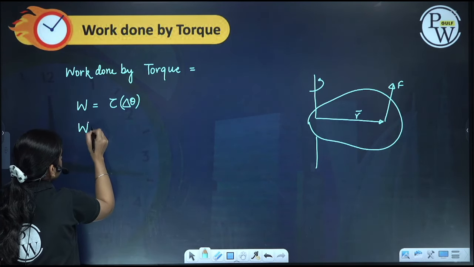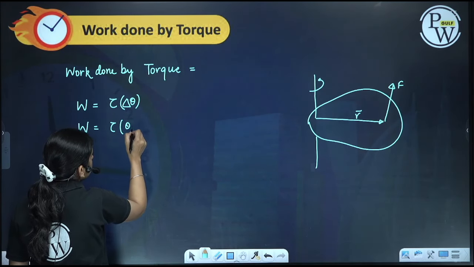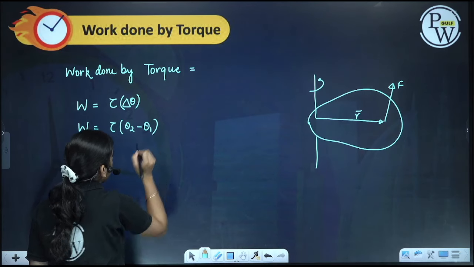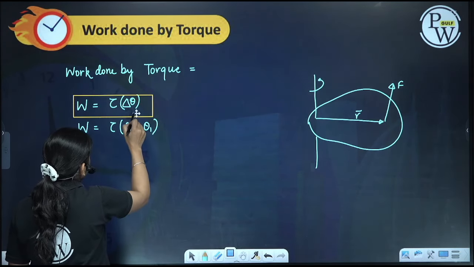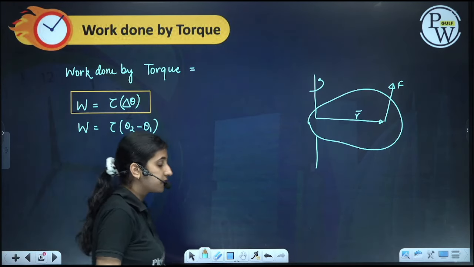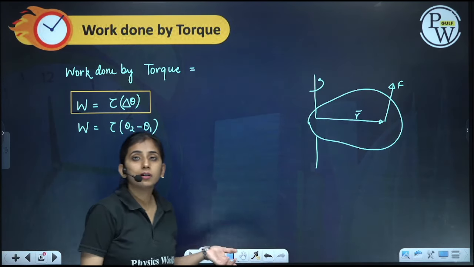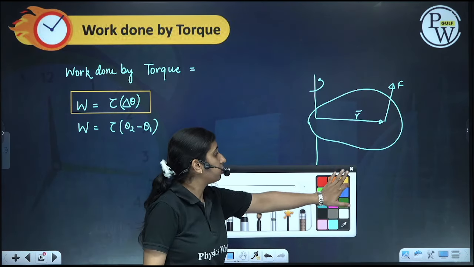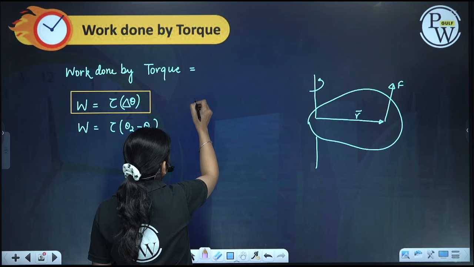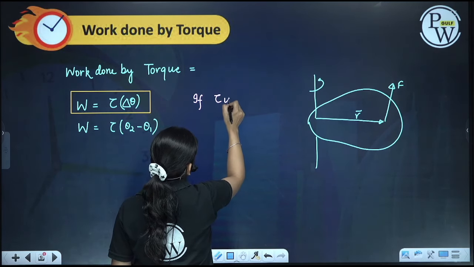It will be tau into (theta 2 minus theta 1). Just like force into linear displacement, work done by torque is torque into angular displacement, if my torque is constant.